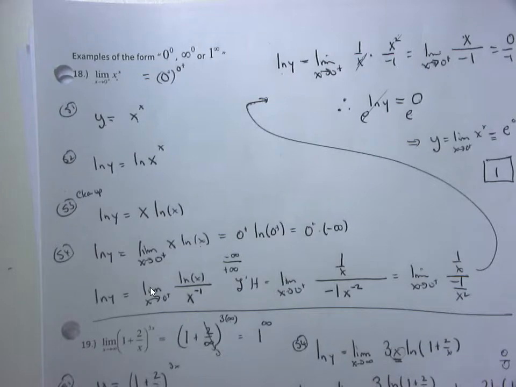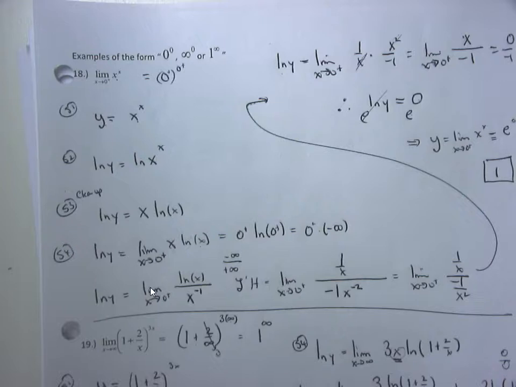Let me rephrase that. To answer your question, if I have any other number in the base than 1, like 5 to the infinity, you're going to 5, you're not going to 1. 1 to any power is supposed to be 1, but it's the infinity and then the argument between the two. 5 raised to a power is going to get bigger and bigger and bigger automatically, so the answer is going to be infinity.